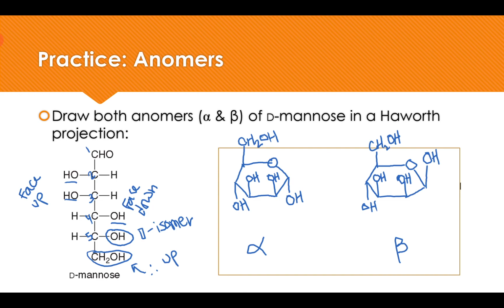And there we go. We have completed our Haworth projections. You can finish them off if you want to by drawing in all of the H's to help you remember that they are there.